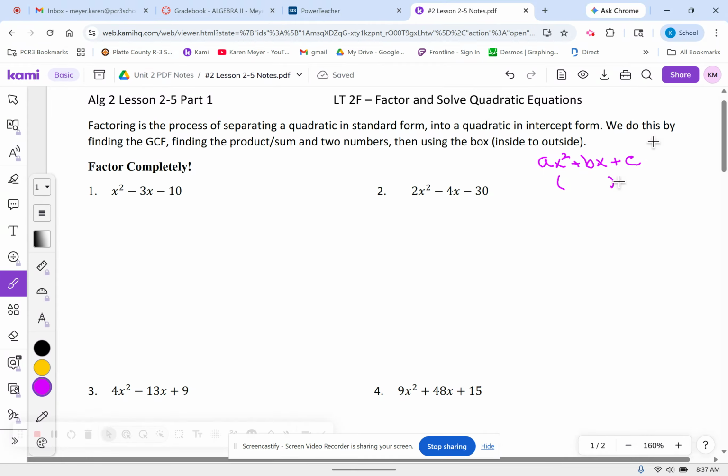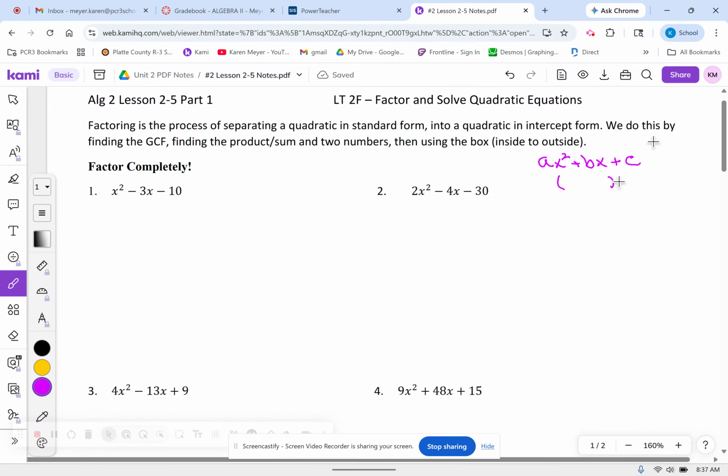And then you had to find the two numbers off to the side. So that's what we call the product and the sum. And after that, then you have to use the box. So that's where you're going to draw a box like this. And for factoring, you're going to go from the inside to the outside.